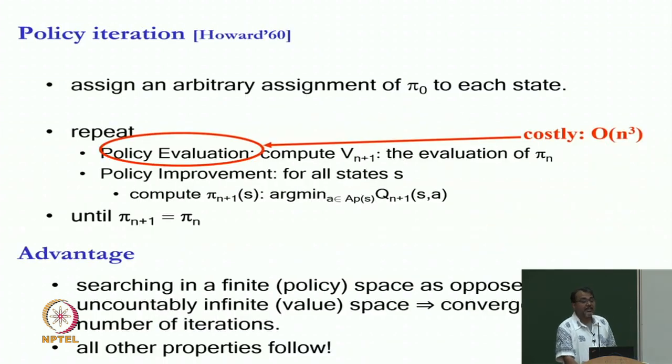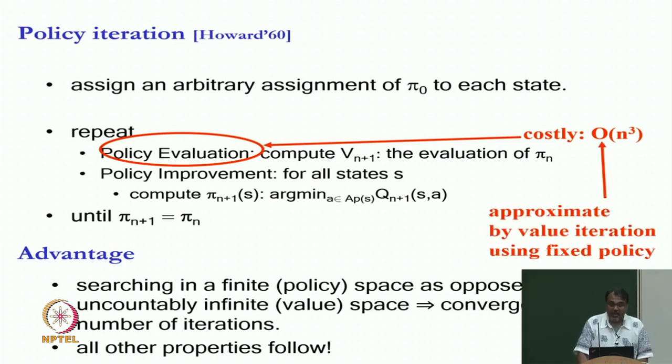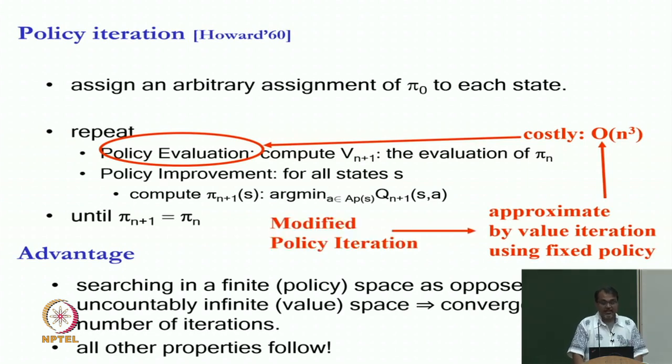Because this is costly, I could also approximate it. Why is it costly? Because I have to solve the system of linear equations, which takes order s cube time, but I do not have to fully solve it and then change the policy. I can approximately solve it and then change the policy, and then approximately solve it and change the policy again, and just approximate the policy evaluation step. When I approximate this, it is called modified policy iteration.